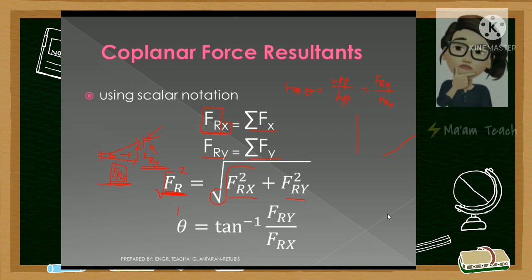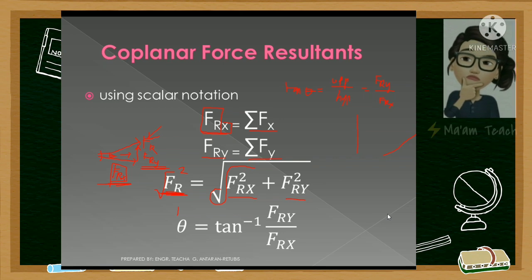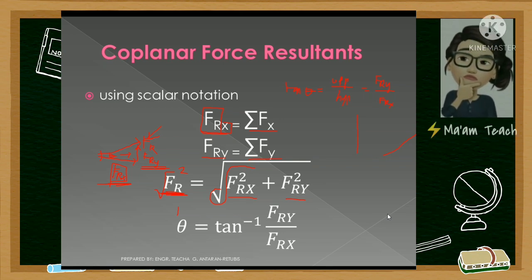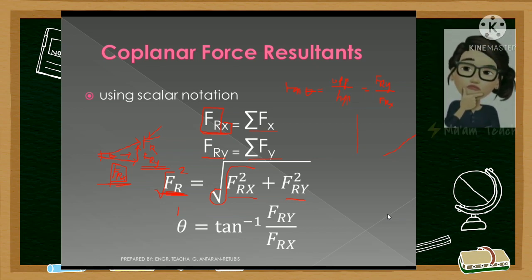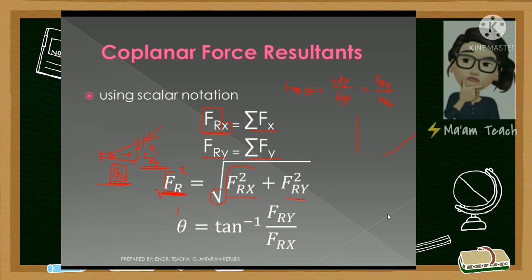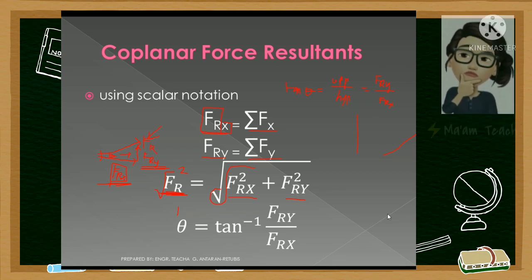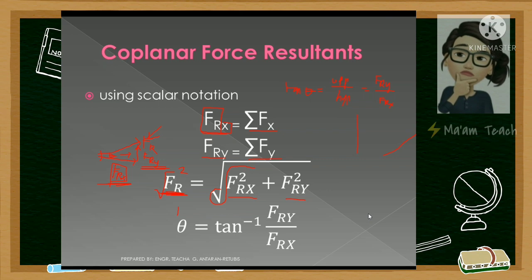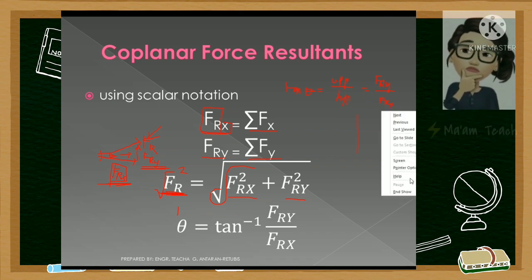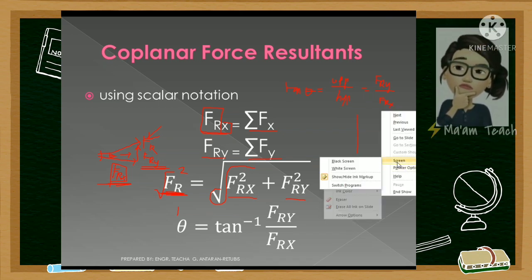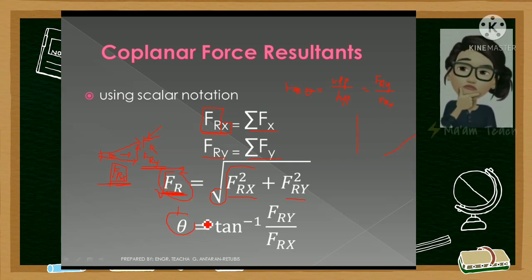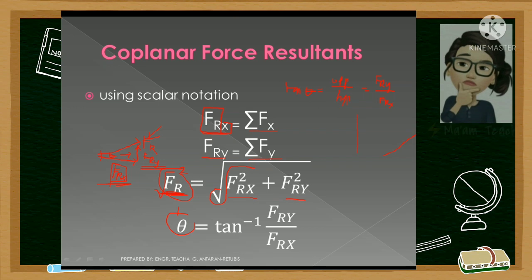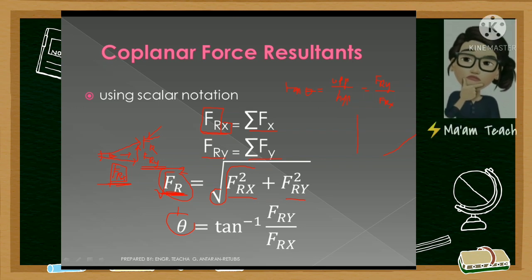Okay, so that's it, guys. That's how we solve for the resultant force using scalar notation. So again, in scalar notation, all you need is the magnitude fr and your theta, while for the Cartesian, you simply express it with i and j.